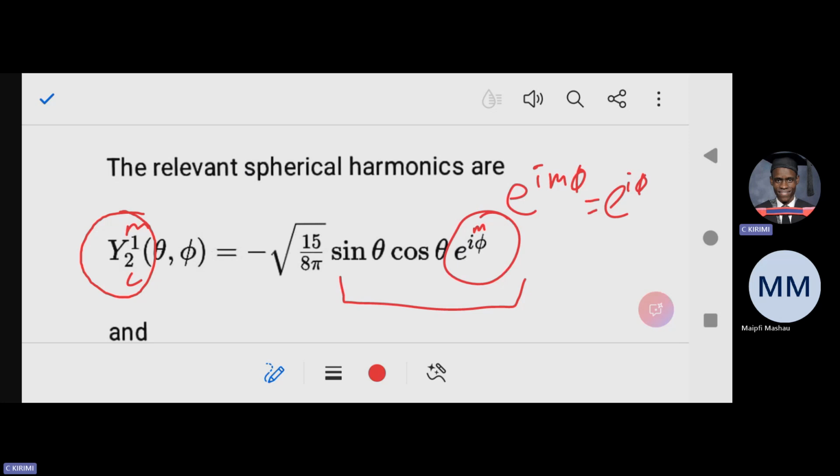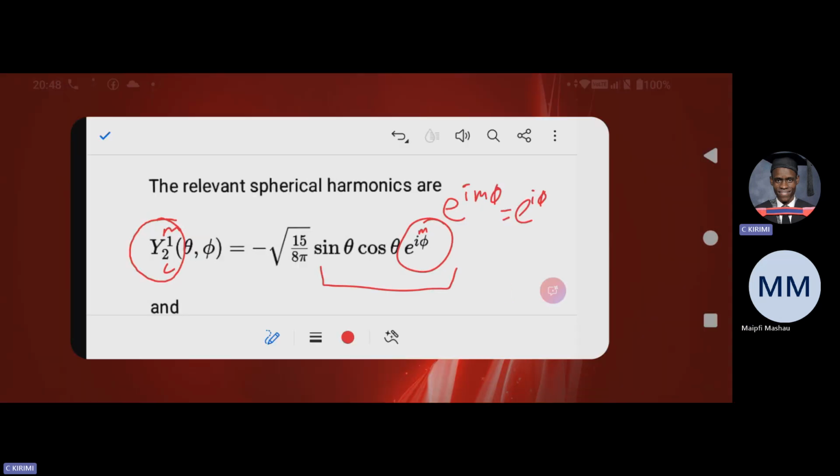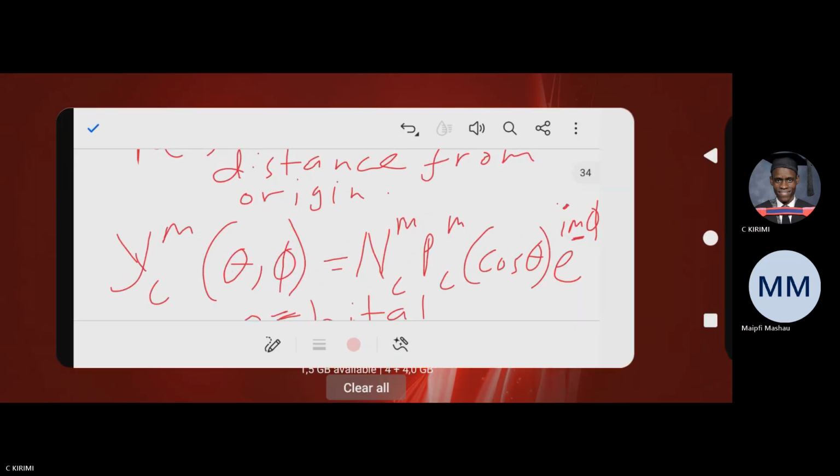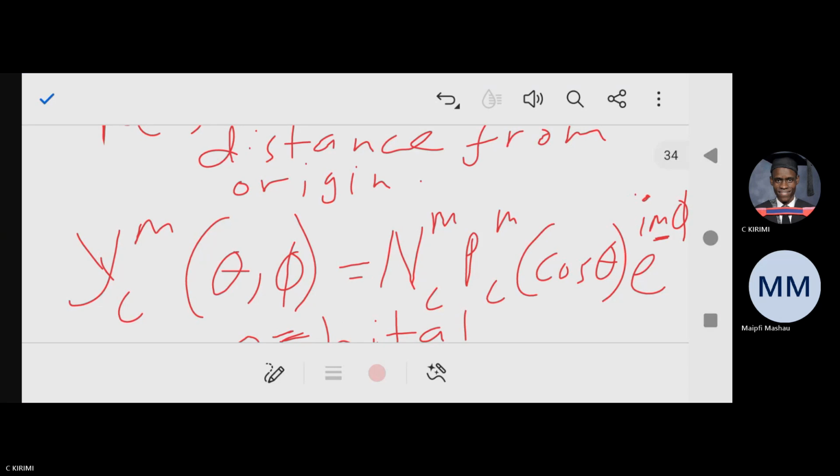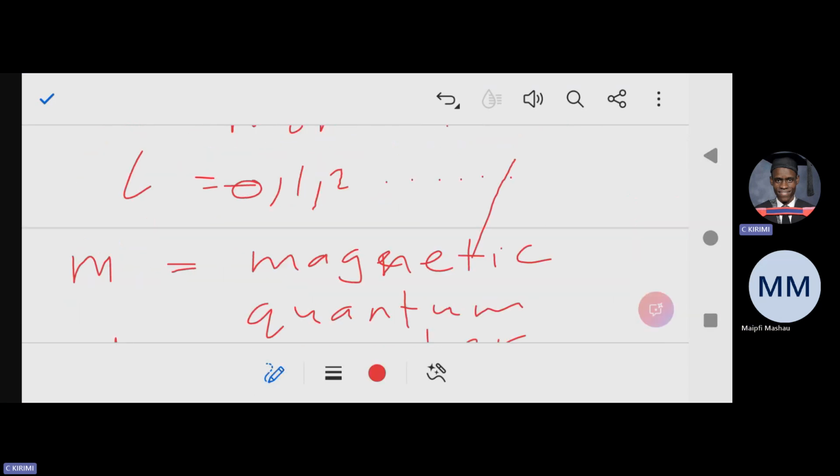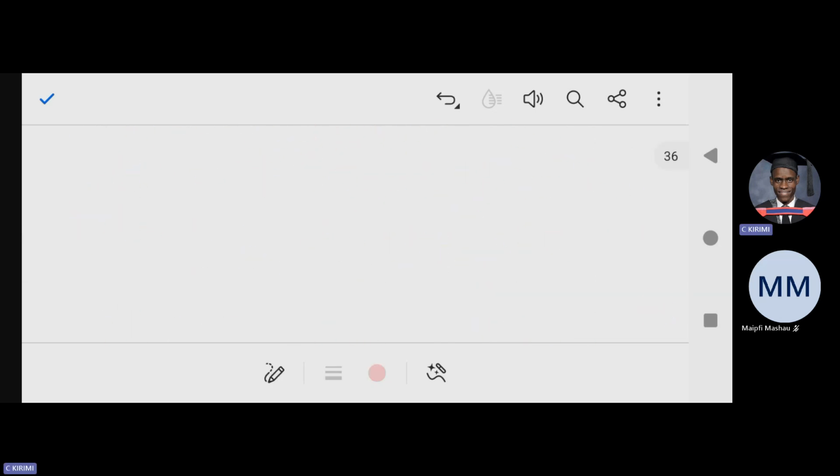They will give you many of these spherical harmonics and then you choose. They are given on the formula sheet. That's why I was saying download some question papers so that you can see which formulas will be provided and how we are going to use them.